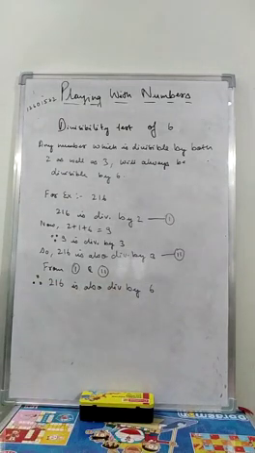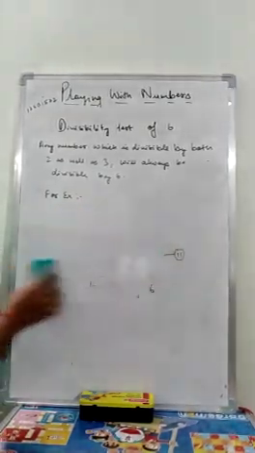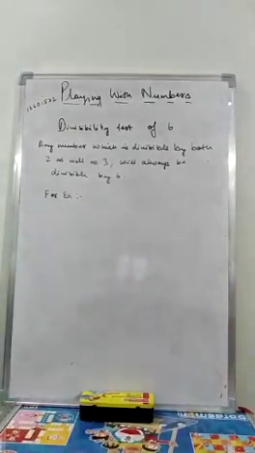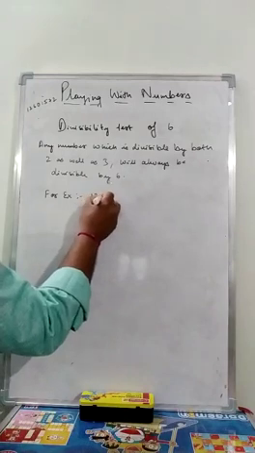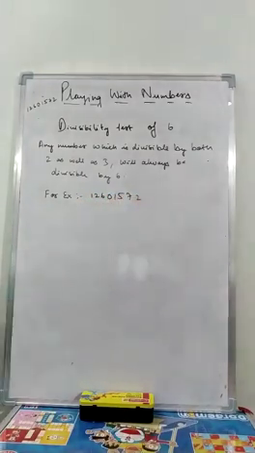Let's consider one more example. For example, now nobody will speak, listen carefully. For example, 1260152. It's an 8-digit number.